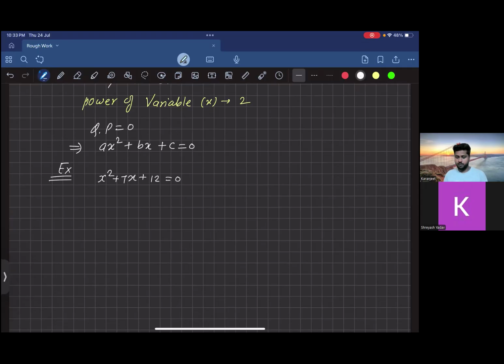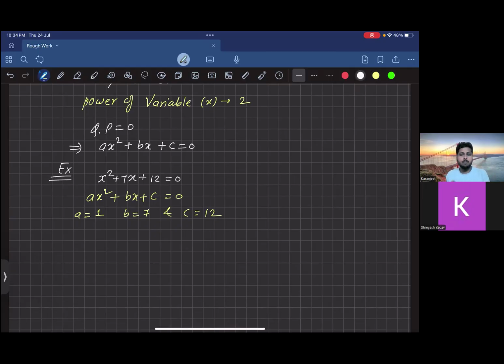Here we can see it is of the form ax square plus bx plus c. If I compare x square plus 7x plus 12 equals 0 with ax square plus bx plus c equals 0, then we get a as 1, b as 7, and c as 12.